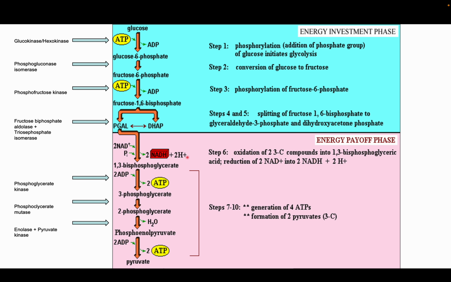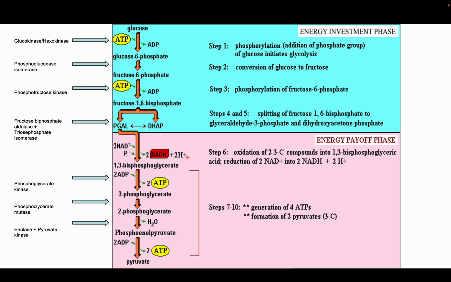Okay. Then the next steps 7 to 10 involve the generation of ATP molecules, a total of 4 ATP molecules, and the formation of 2 pyruvate molecules, which are also 3 carbon molecules, similar with PGAL.